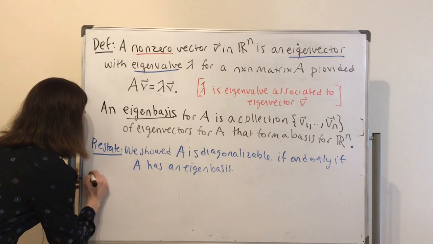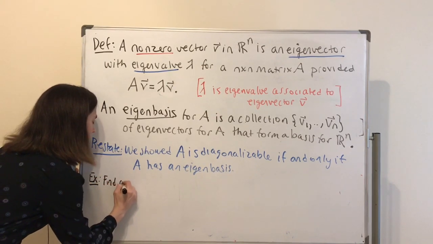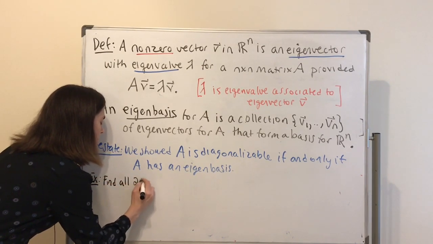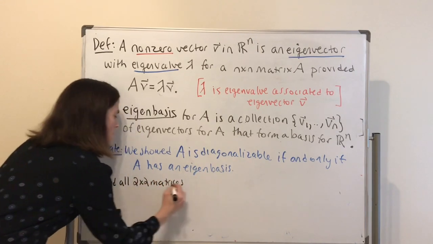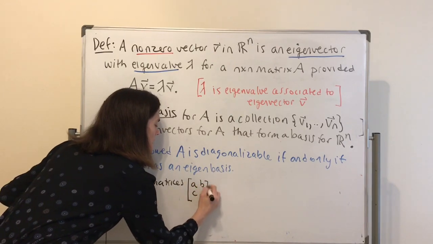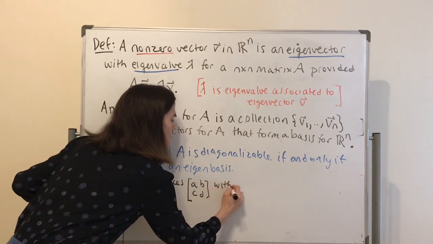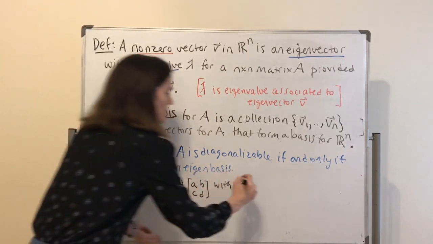Now let's do a quick example here. I believe I can fit it. Find all 2 by 2 matrices A, B, C, D with this as an eigenvector.